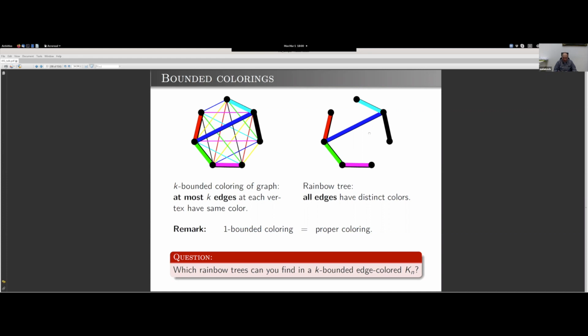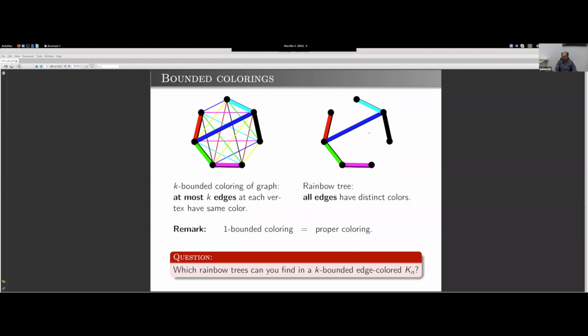Absolutely, Avi. Excellent question. So here is the first bound which we immediately get. If I have a k-bounded coloring, I will need at least n over k colors. So I cannot hope to embed trees of size bigger than n over k. N over k would be a natural bottleneck. If my coloring is proper, I can embed spanning trees.